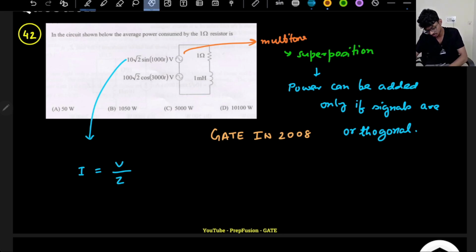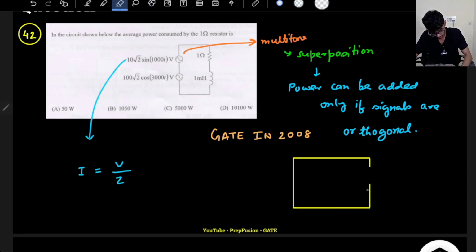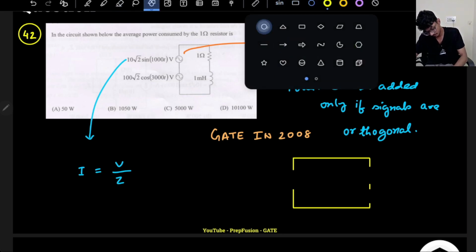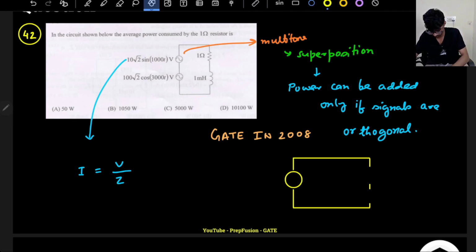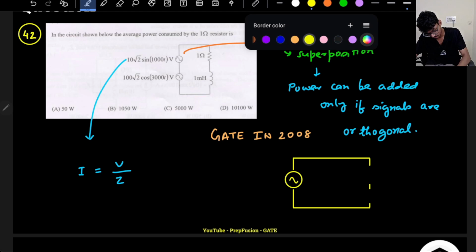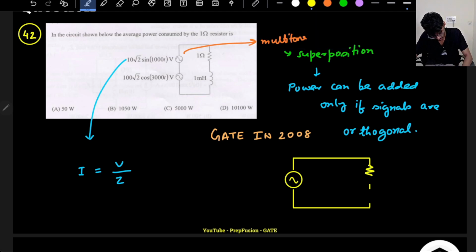So if I take the first source, this is R and this is XL basically.